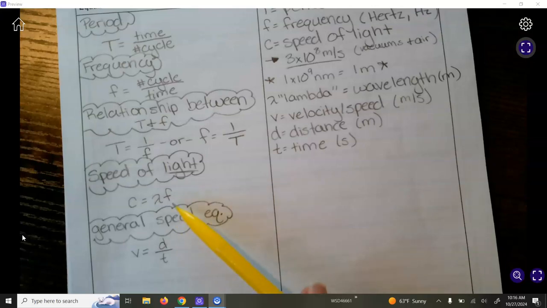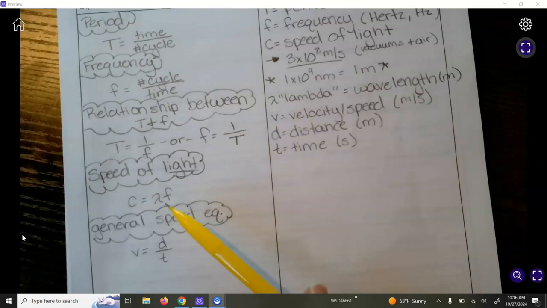We're not using the speed of light equation because we don't have frequency. We don't have wavelength. Those are two unknowns. You can't have an equation with two unknowns and solve it, okay? You'd have to have two equations with two unknowns. Then you could solve it, but we would only have one. We're going to use this bottom equation, the general speed equation, because we do know the speed of light.